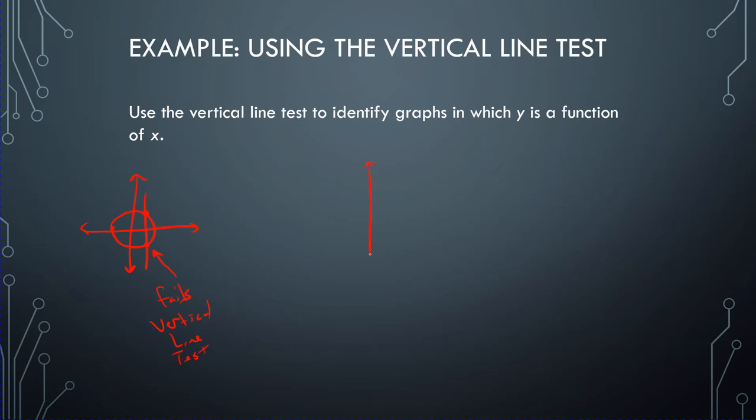Even if you have just something that looks like this, and it only does it very briefly, it's still right here and here. It fails the vertical line test, because it doesn't matter if it only does it once, it still fails the vertical line test and is not a function.